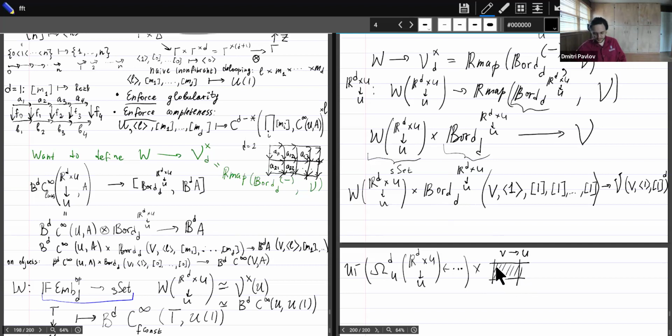So I literally think of this picture as a subset of RD. And from this data, I have to produce for you something on the right side.